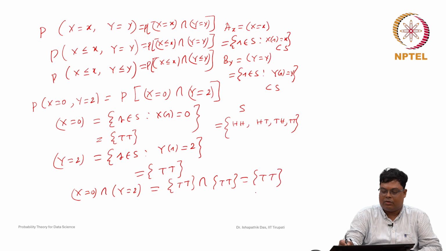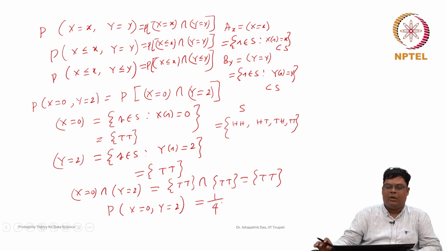As in the previous case, it is 1 out of 4. This is the probability of this event, by the classical approach, 4 points, out of that 1 point, so 1 by 4.